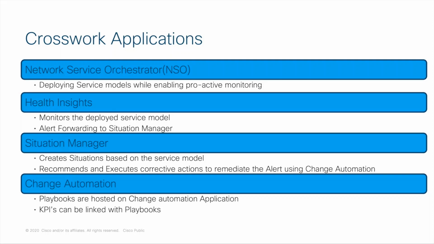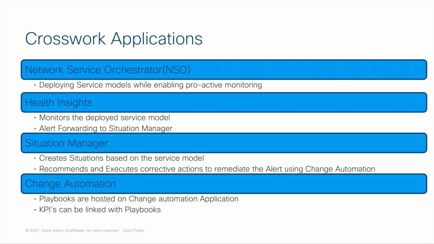Whenever there is a breach on the SLA, the alert is forwarded into Situation Manager. Situation Manager would create situations based on the services that are deployed using NSO. That way, it would collect all the events from the network, but narrow it down, saying that this situation room needs to be addressed from this particular service level. So we would tag the respective service to the situation.